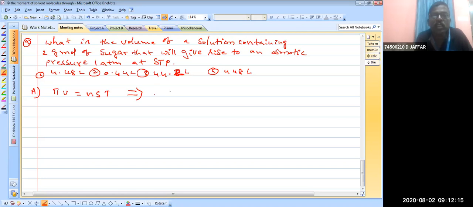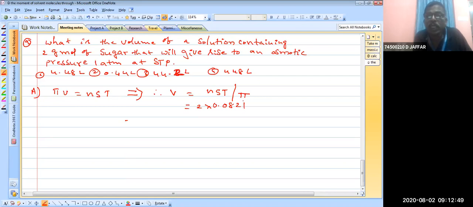Therefore, V = nST divided by π. The n value is given as 2, into the S value we know, that is 0.0821 liter atmosphere mole inverse Kelvin inverse.